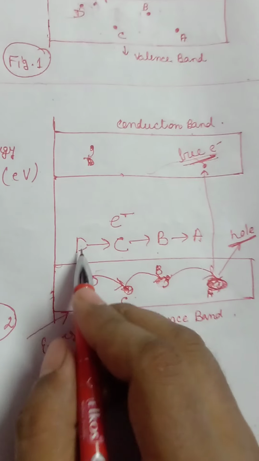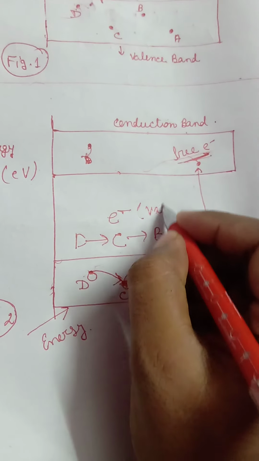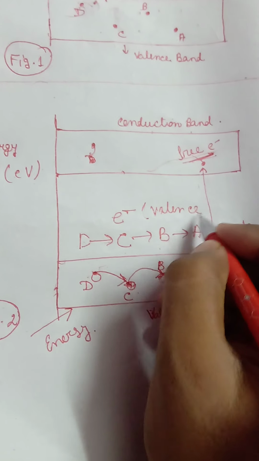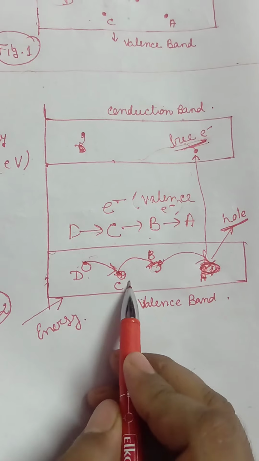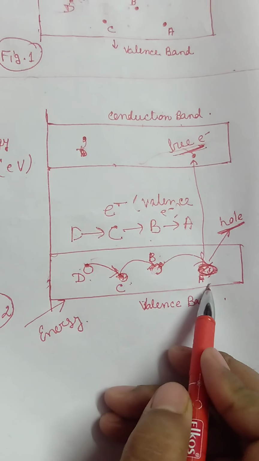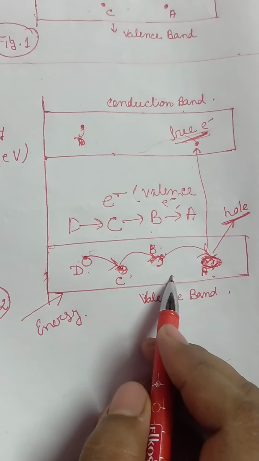Now see, the electron is moving. This electron, we are saying it is the valence electron. It is moving from D to C to B, then A. Now what is the direction of the movement of the hole?